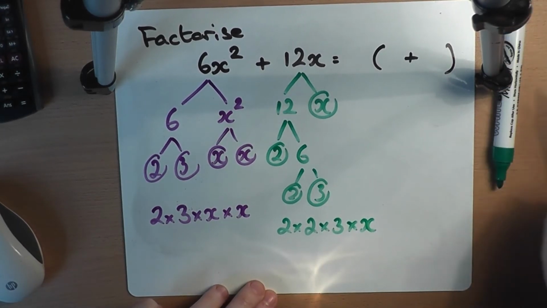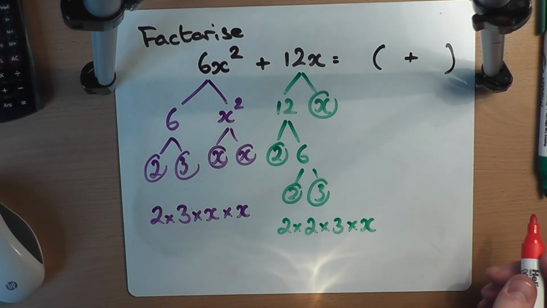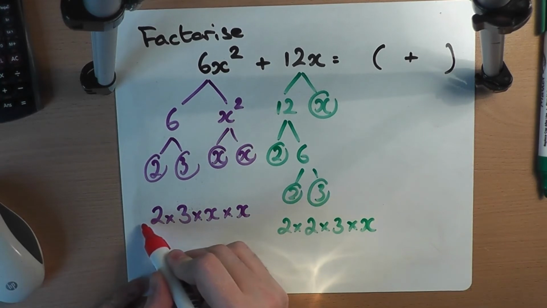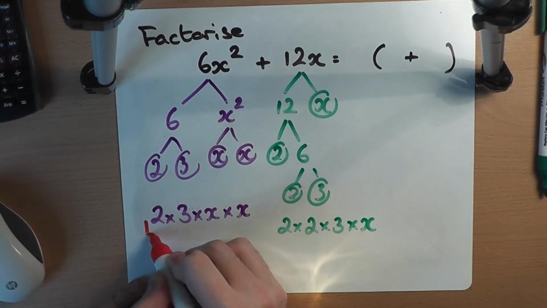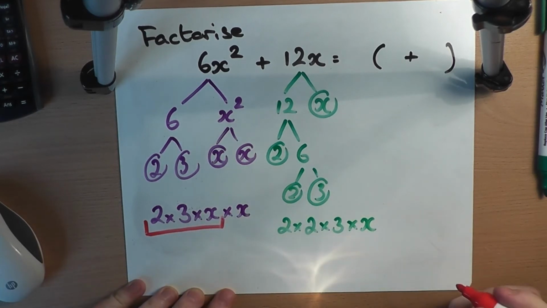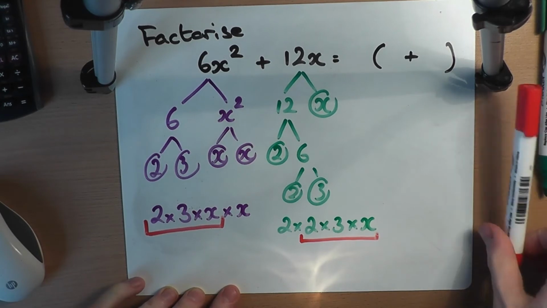Now what we're looking for is stuff that turns up in all of the terms. They may not necessarily all be in the same order, but here we clearly have a 2 times 3 times x, and here we also have a 2 times 3 times x.